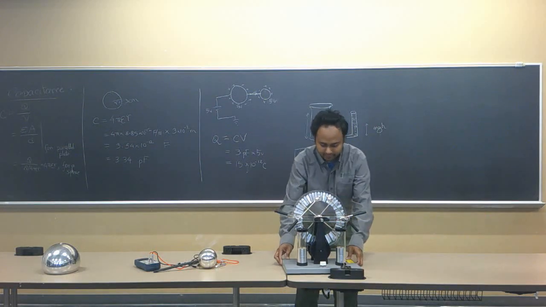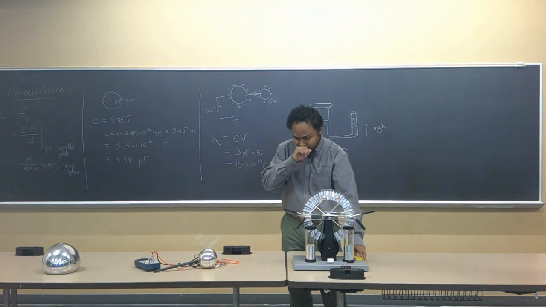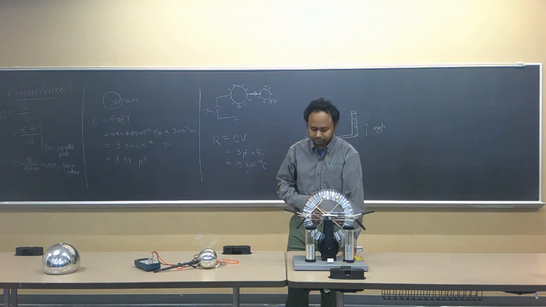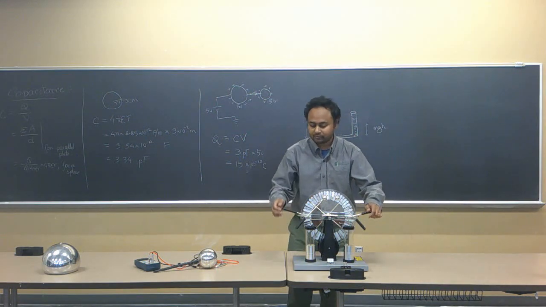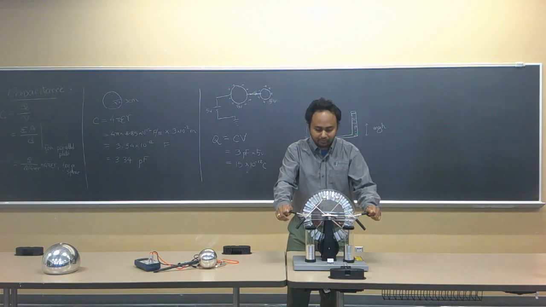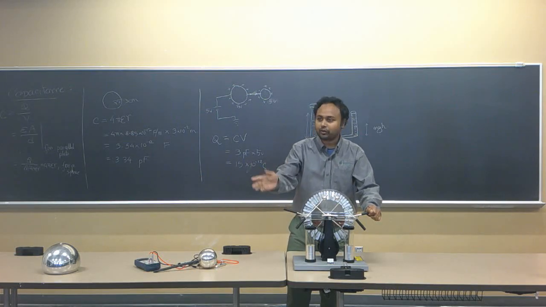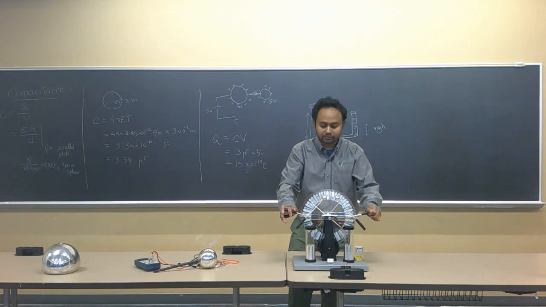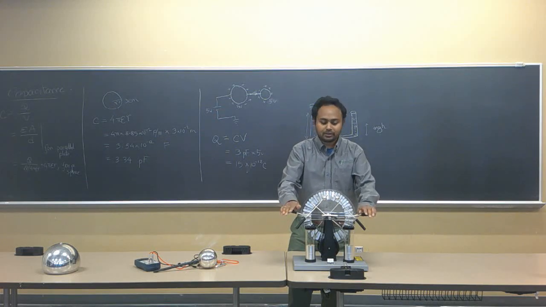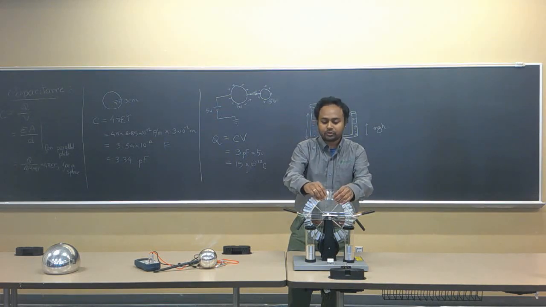So what I have here is a Wimshurst machine. I hope you guys already know it. We discussed it some time back. But if you forget, here is a quick brief. This machine is supposed to create charges on both of those two spheres.